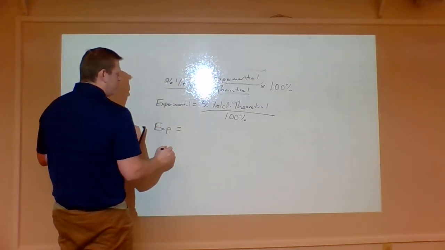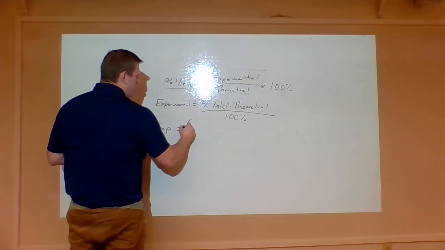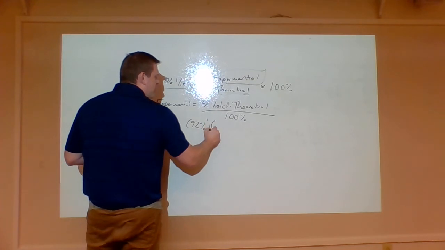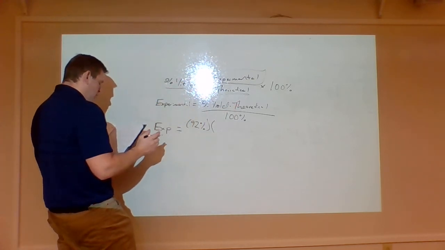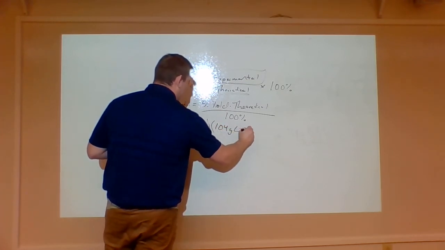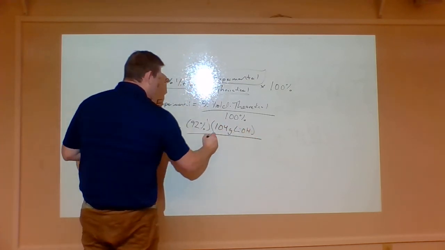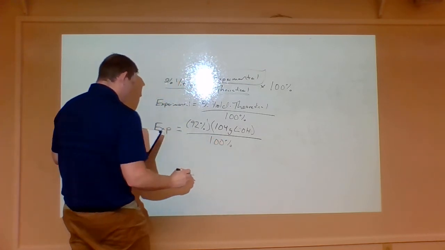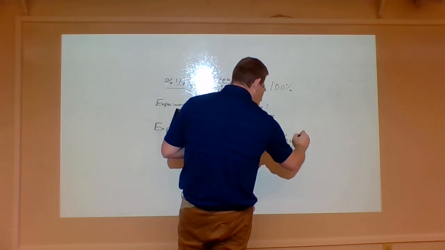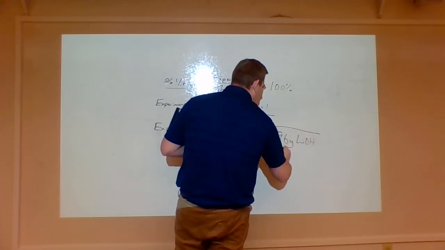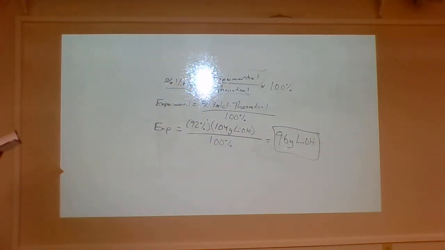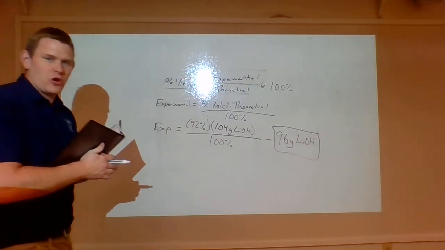Our experimental yield is equal to 92%, which was given to us in the problem, times our theoretical yield, which we just solved in the last problem, 104 grams of lithium hydroxide, over 100%. If we plug and chug here, we get 96 grams of lithium hydroxide actually formed. So that would be our experimental yield that we determined.